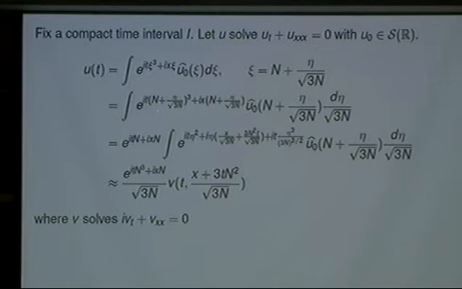Then we're going to change the variable. The frequency ξ is a very large frequency around some rescaled frequency, η over some big number N. Then we can do a Taylor expansion of the phase function, the cubic function, and if we rewrite that, you will see the phase function is written in this form.